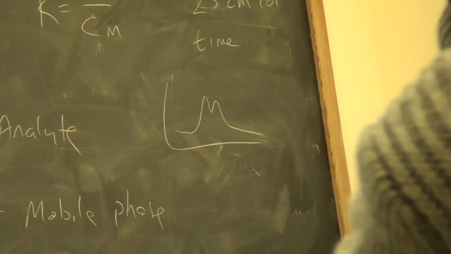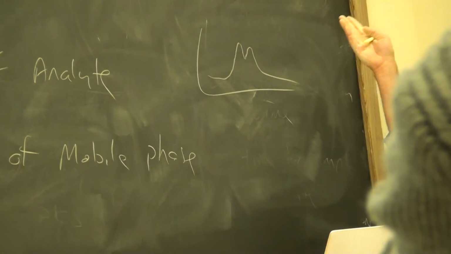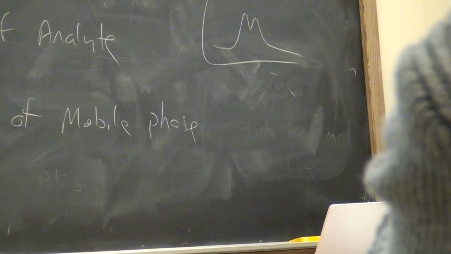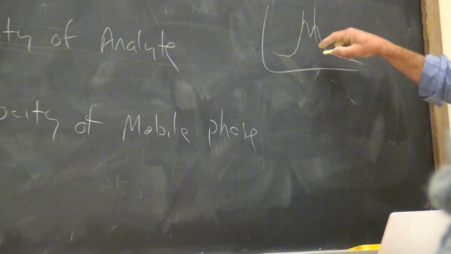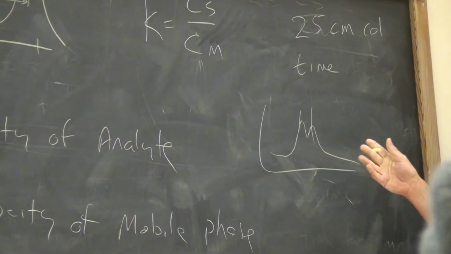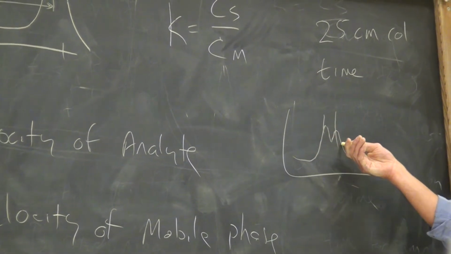The first thing you recognize is that I'm not effectively separating these compounds that I want to separate and quantify. So based on this, I can calculate, under these conditions, what the retention factor is for each of these analytes.